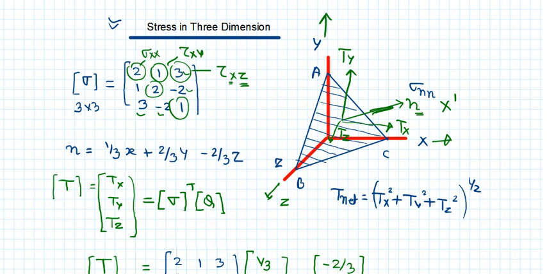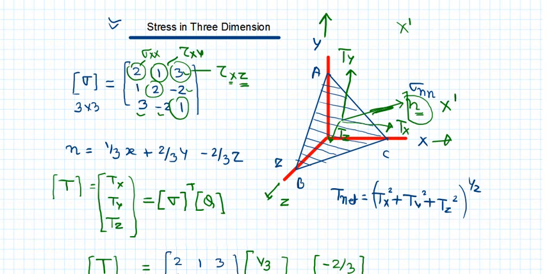Normally you may find in the book it is mentioned as normal direction, but our objective is to find out the stress in x dash direction in a different coordinate system. So in that case you just replace n with x dash.